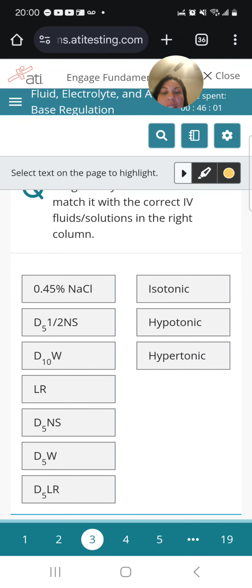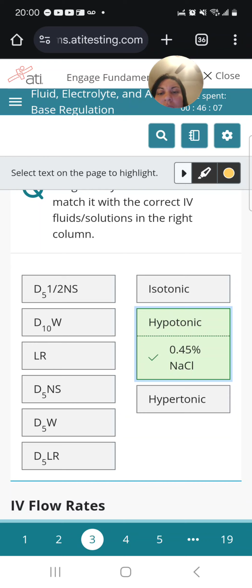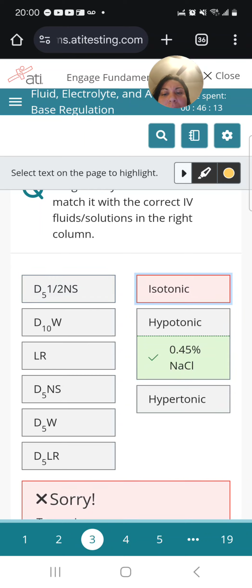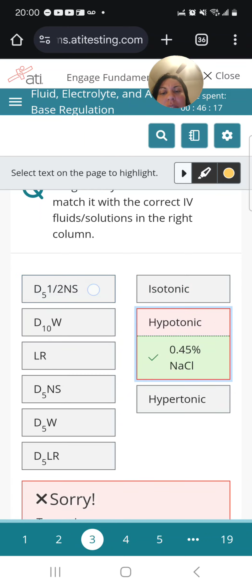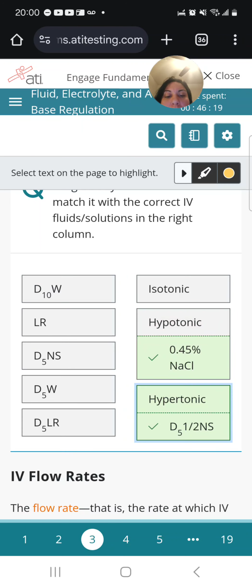Okay, 0.5 is hypotonic. This almost sounds like isotonic. No. Is it hypotonic? Oh my gosh, it's hypertonic. This looks like hypertonic.